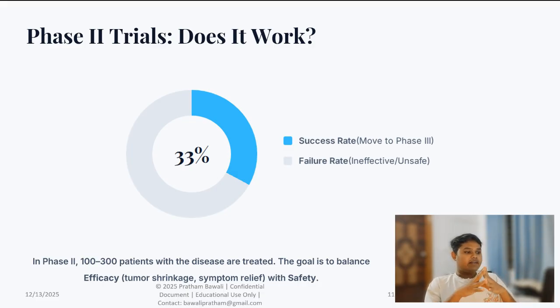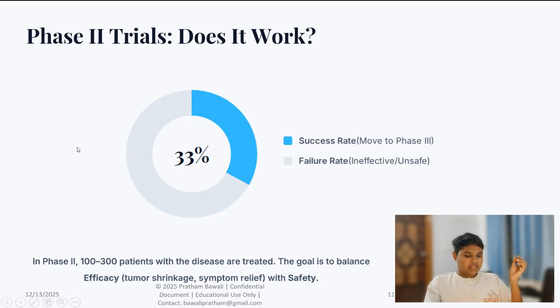Phase 2 takes place in like 100 to 300 patients with the disease who are treated. The goal is to balance efficacy, like tumor shrinkage and symptom relief, with safety. Everything takes place in safety.